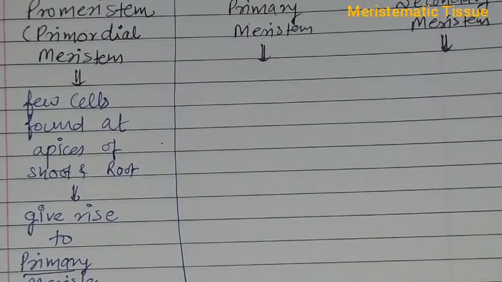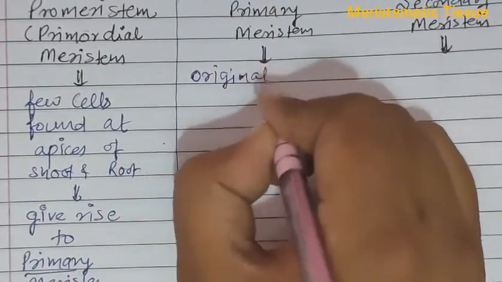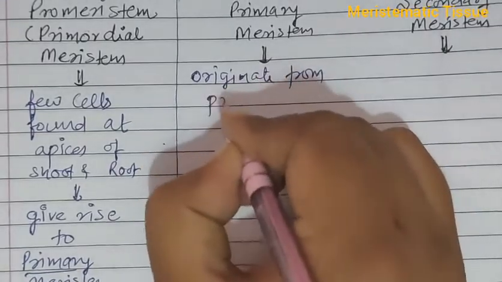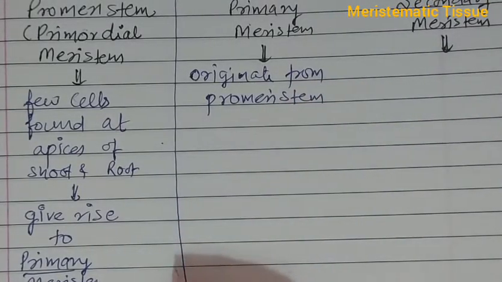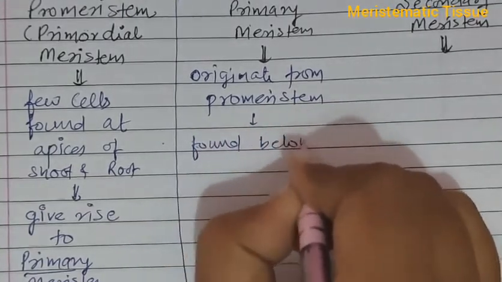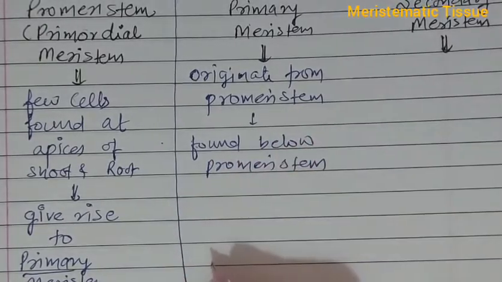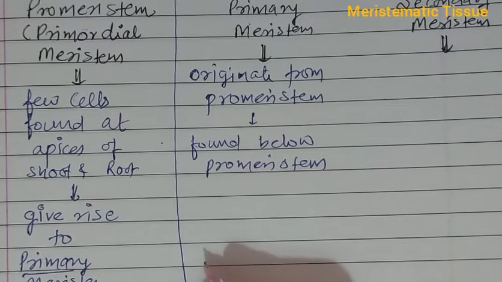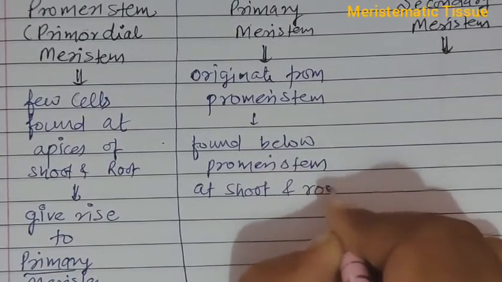Now when we talk about primary meristem, this primary meristem obviously originates from or is derived from promeristem, as we have said. Now they are found below the promeristem at shoot and root apex.